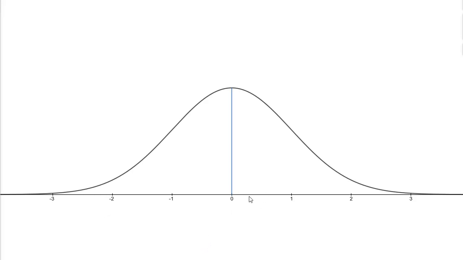So for the bell curve, connecting back to what we have learned, this is where the mode is, the mean is here, and the median is also here. Let me quickly make a re-sketch of that on my working board.